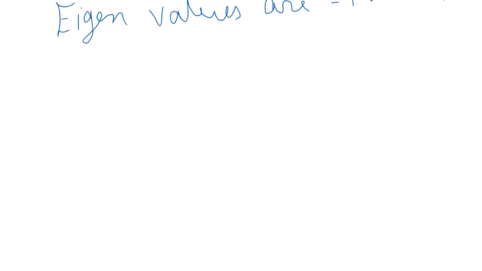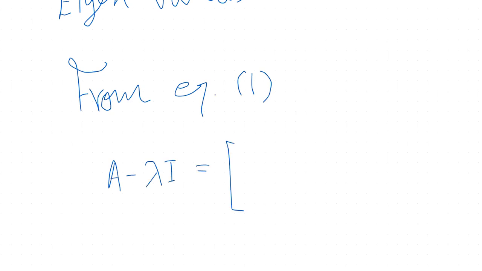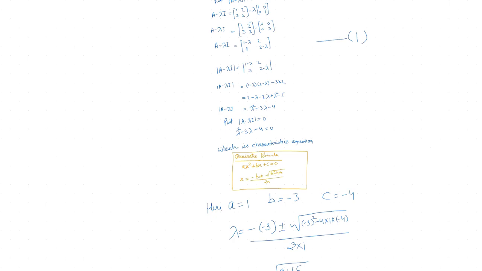From 1, we have, or you can take from equation 1 also. A minus lambda into I is equal to [1 minus lambda, 2; 3, 2 minus lambda].